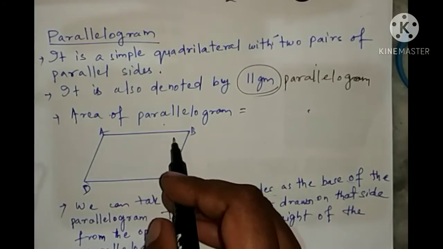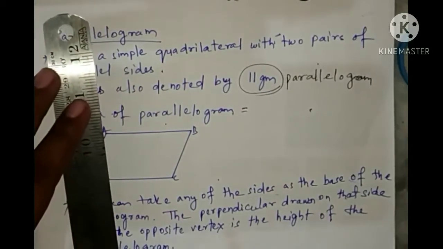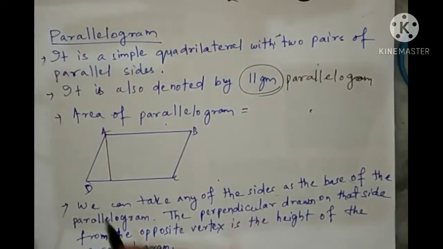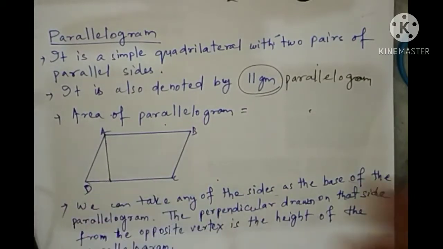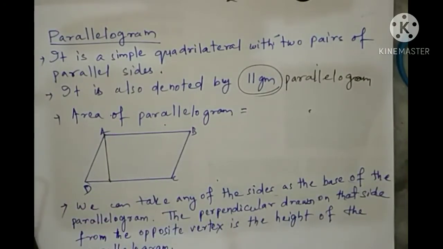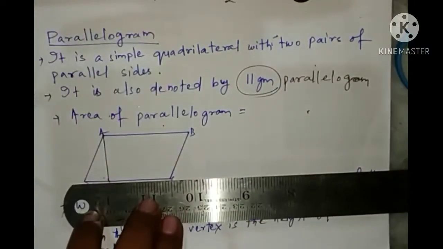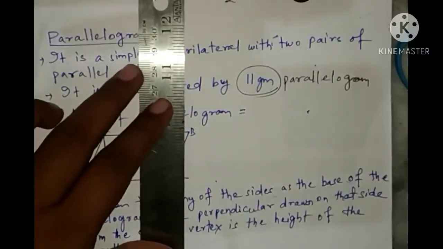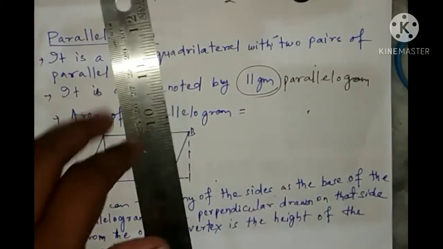So we have to draw what? For a parallelogram, we need the height. Okay, so look here. If I am taking some centimeter, and putting it here, I can extend this base and join with here.